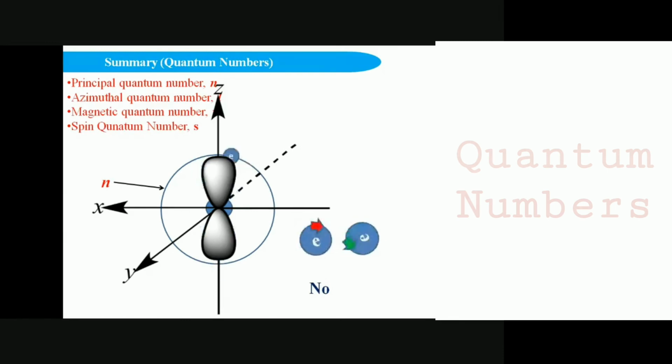This is according to Pauli's exclusion principle, and we can relate it to our practical life as well. For example, if somebody has twins, the twins look the same, they have the same parents, their physical features and skin color are the same, but when we see the DNA, it will be different.